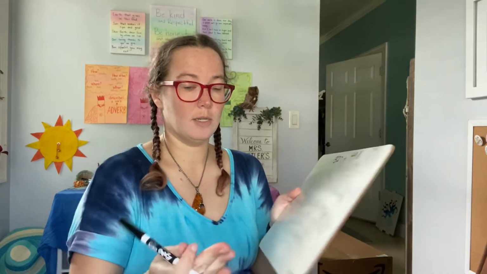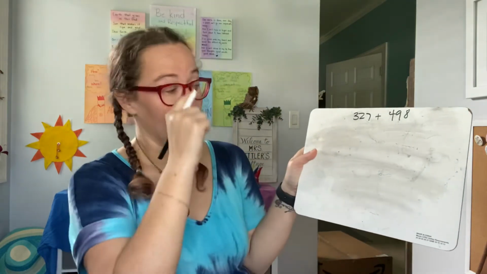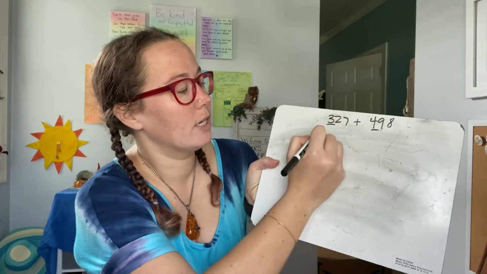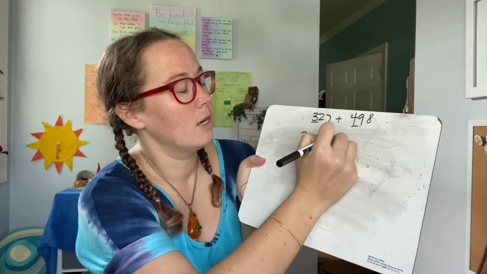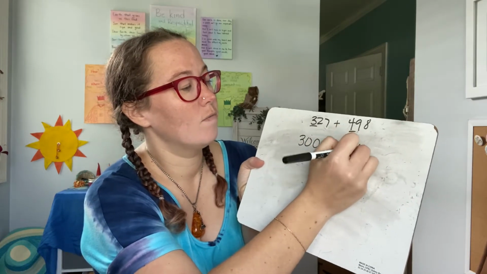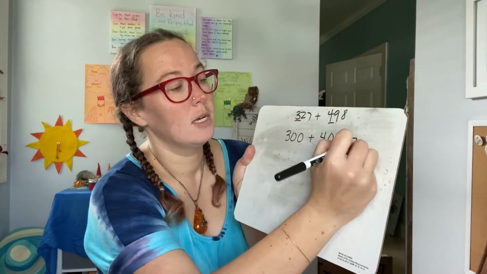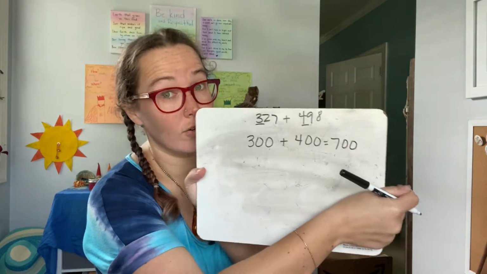All right, next strategy, I'm going to use the same 327 plus 498. This time we are going to add it down here. We're going to start with our hundreds first. So I have 300s over here and I have 400s here. So I'm going to add 300 plus 400, and that is going to equal 700s.